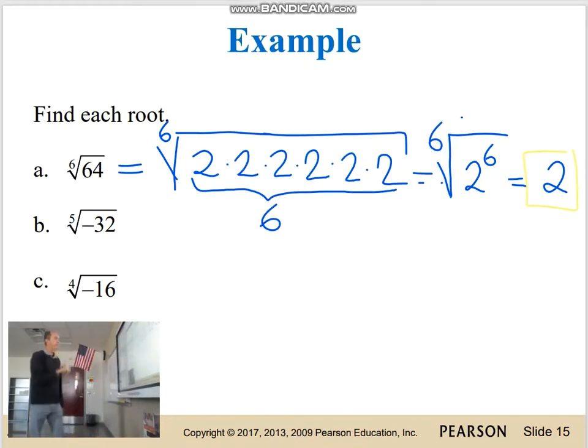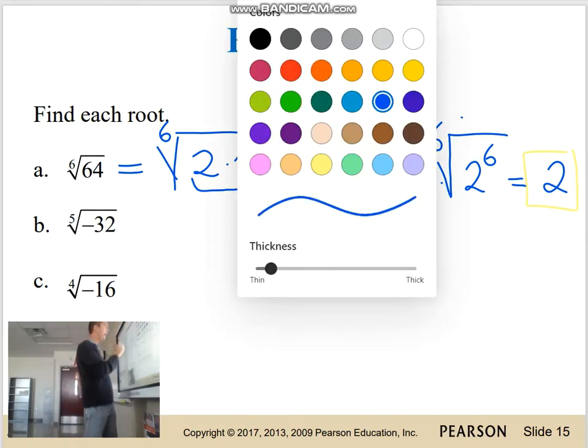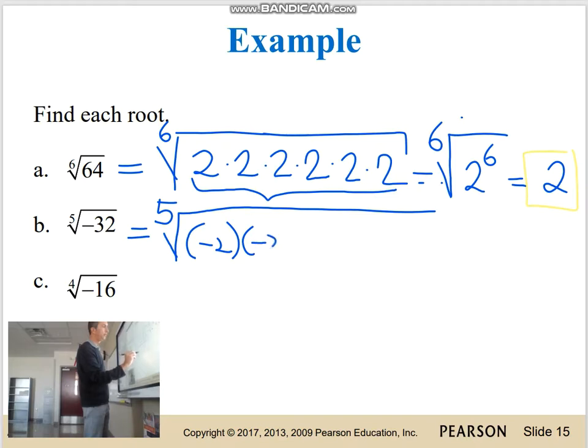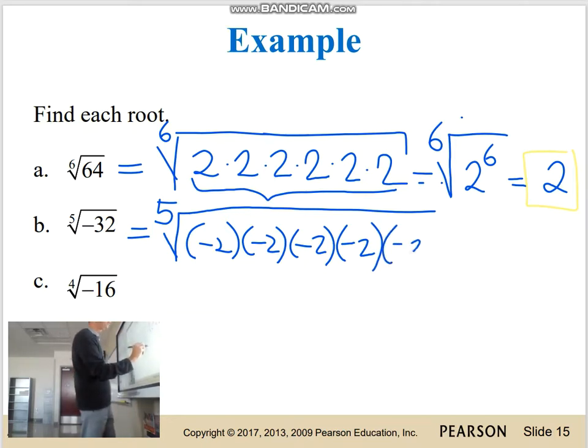Now the 5th root of negative 32. We can have the same thinking. 5th root. Negative 2 times negative 2 is 4 times negative 2, negative 8 times negative 2, 16 times negative 2, negative 32.